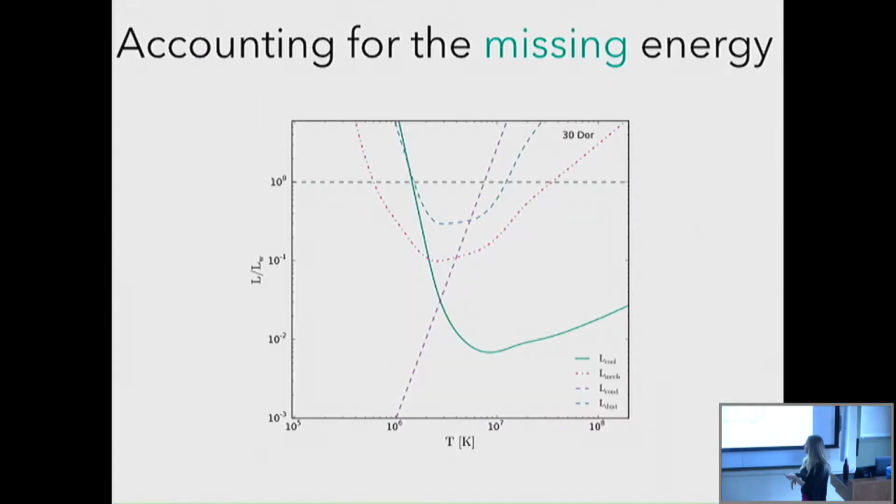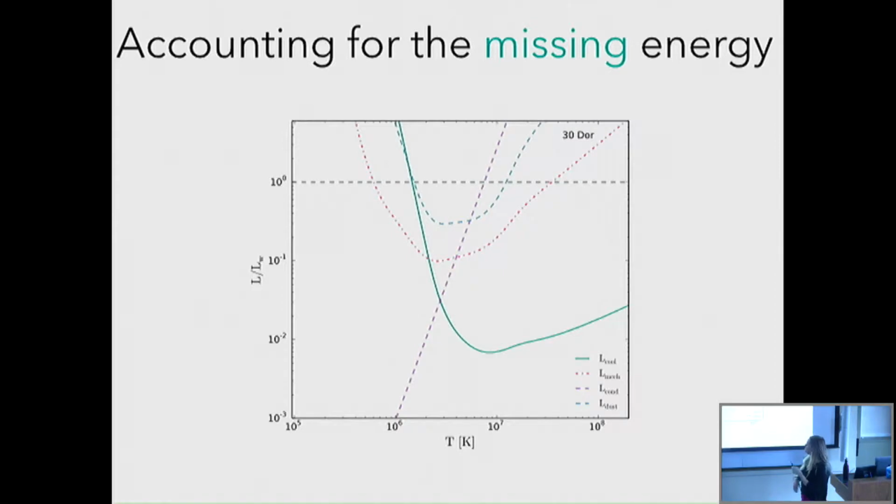So this figure here just shows what the energy output or energy transfer rate is for each energy sink mechanism as a function of temperature. And like I said before, you can see at low temperatures, cooling is very efficient, but at high temperatures, very inefficient. And then, of course, conduction becomes super efficient at high temperatures.